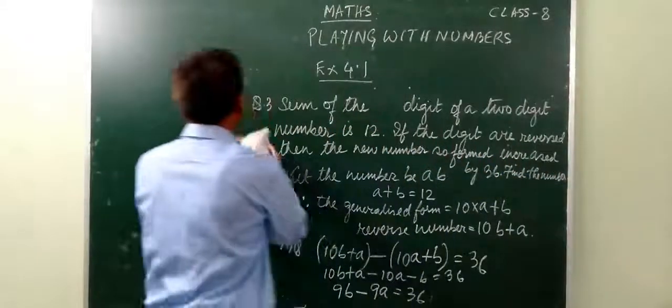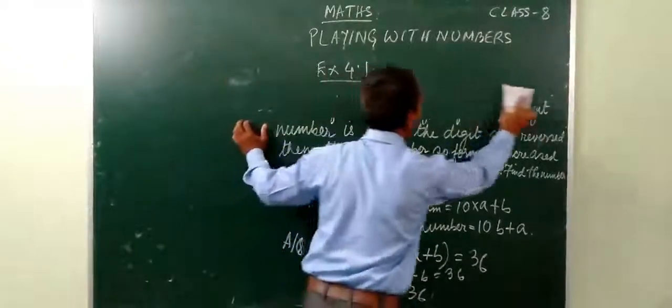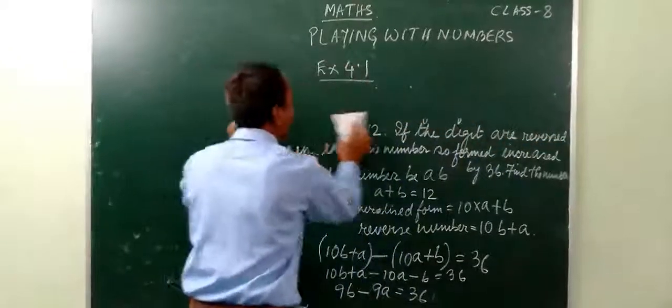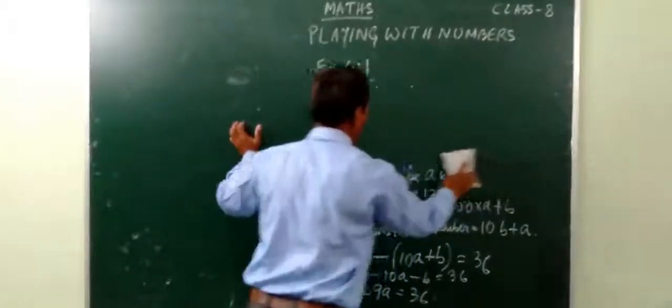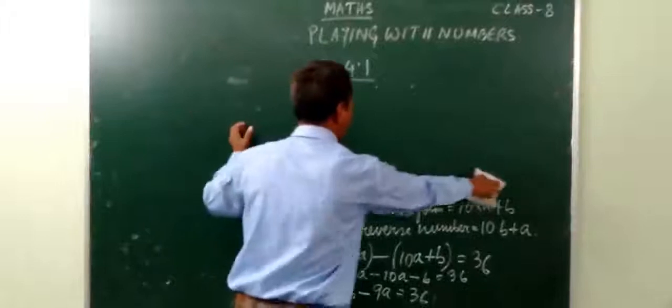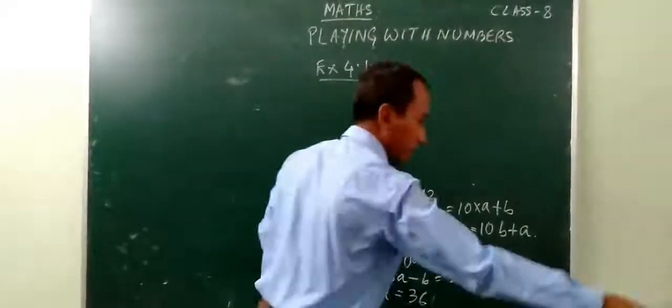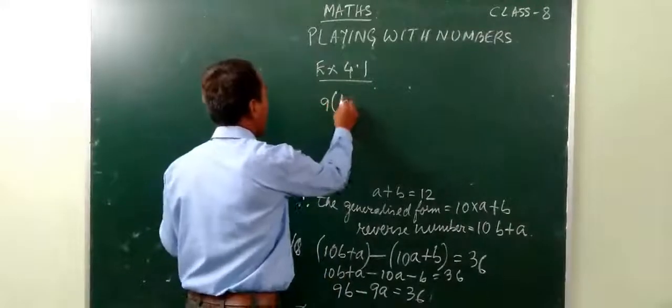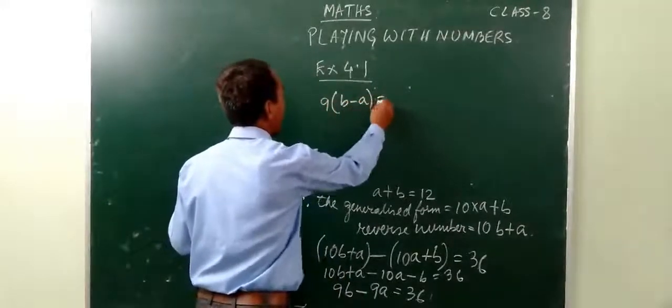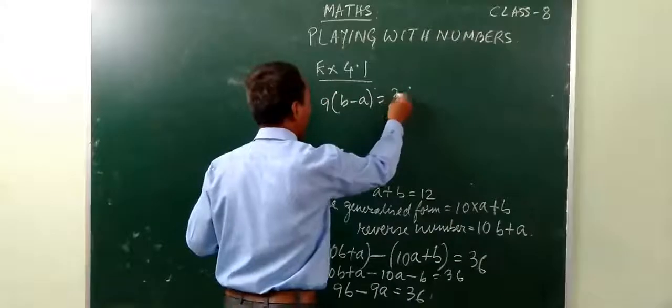May I rub this portion? I'll rub it out. Now you see it nicely again. After this, you can take 9 common from here: 9 times (b minus a) equals 36.